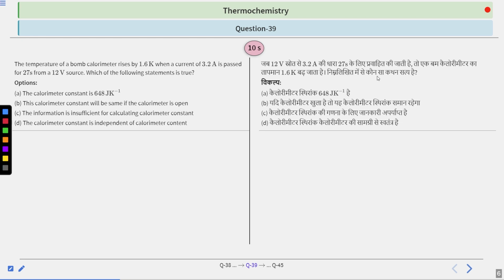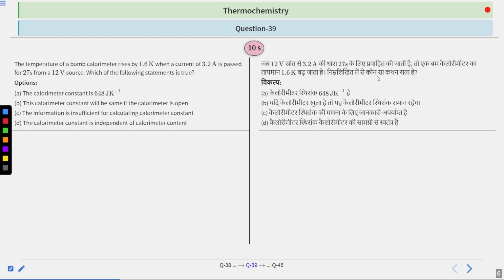Which of the following statements is true? Your options are A. The calorimeter constant is 648 joule per Kelvin. B. This calorimeter constant will be the same if the calorimeter is open. C. The information is insufficient for calculating the calorimeter constant. And D. The calorimeter constant is independent of calorimeter content.